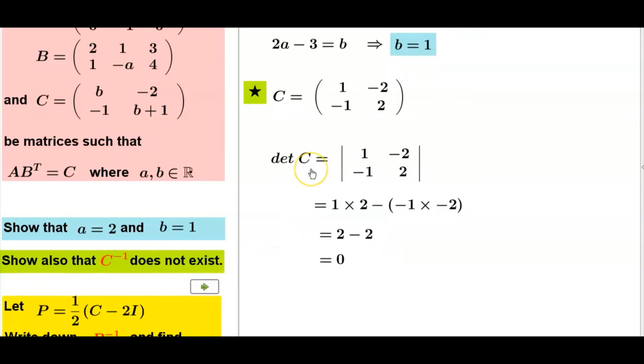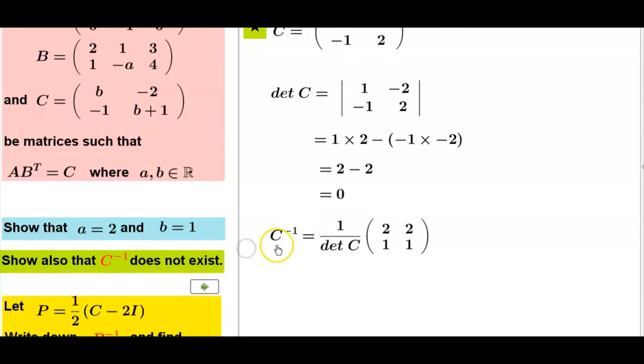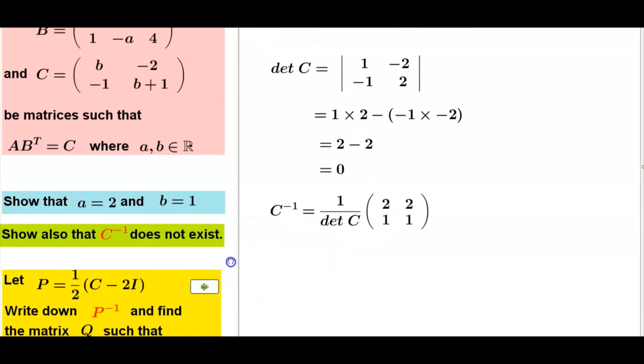The determinant of C is equal to 0, therefore C inverse does not exist. By definition, C inverse is equal to 1 over determinant C into the adjoint of C. But the determinant is 0, therefore C inverse does not exist.